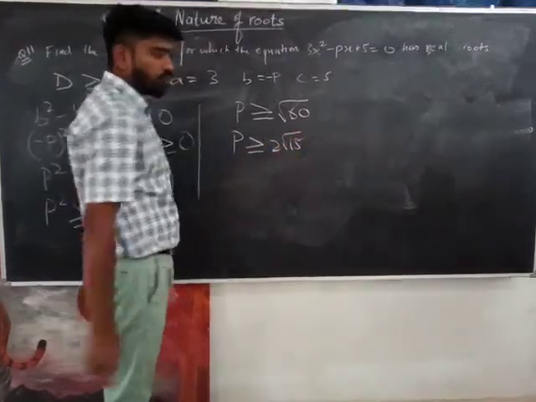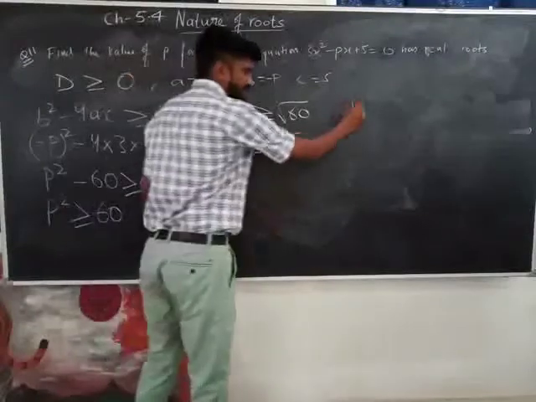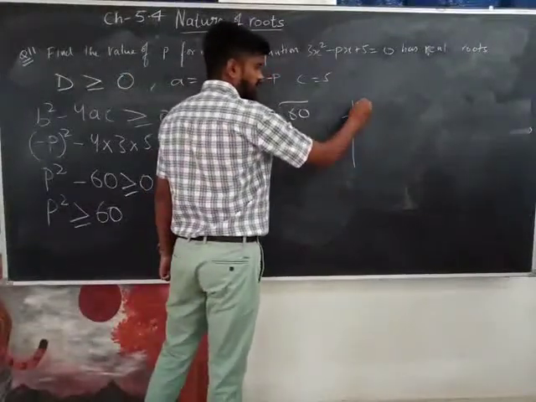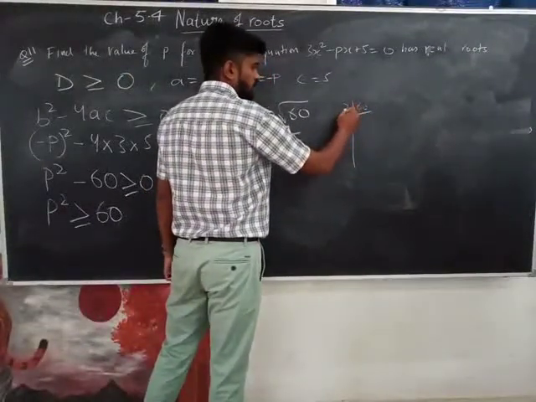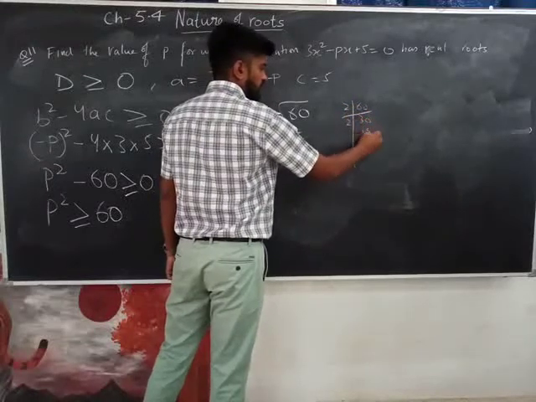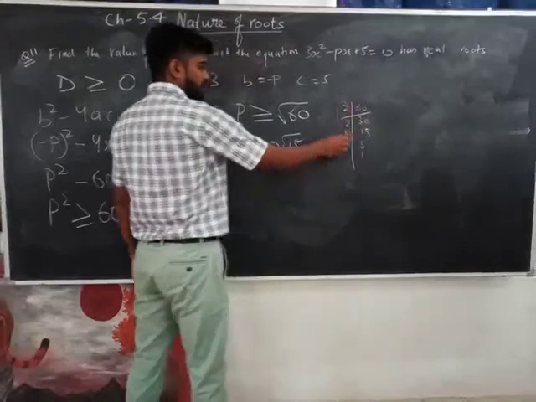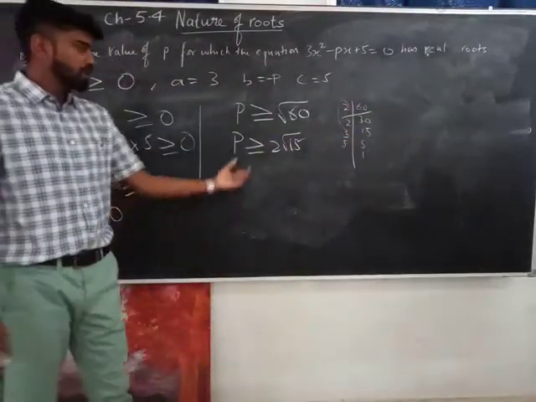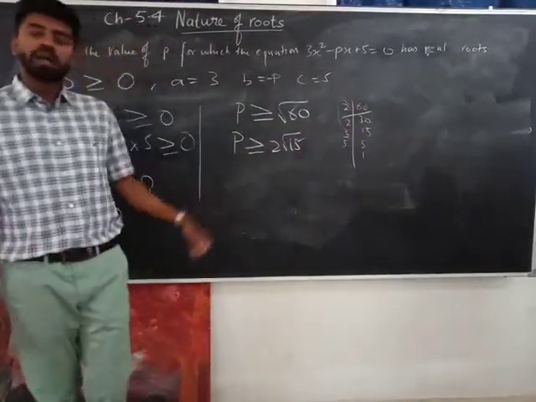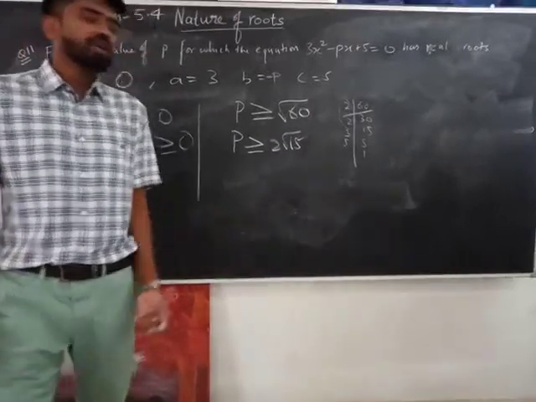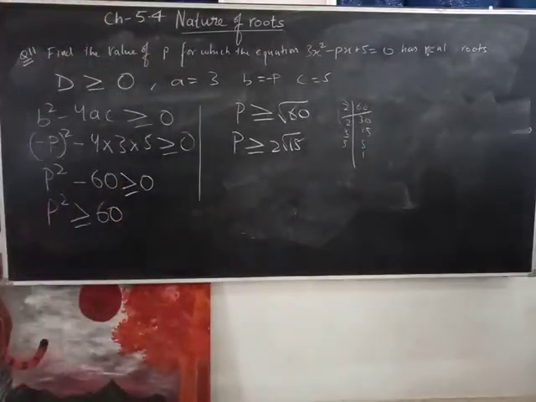Okay, so if you factorize this, you'll understand why I wrote 2 root 15. 60 is equals to 2 30, 2 15, 3 5, 5 1 और ये तो बाहर निकल सकता है पर ये दोनों बाहर नहीं निकल सकते. So that's why I wrote 2 root 15. So this is my answer. P is greater than or equals to 2 root 15.